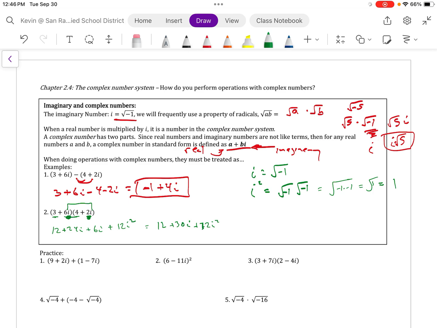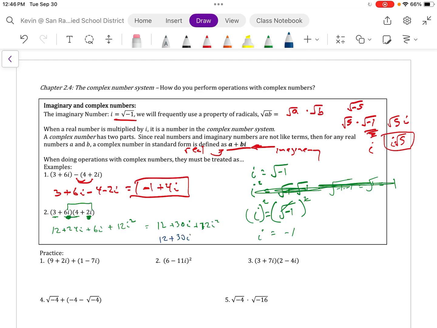Oops, I did something wrong here because it's -1. Sorry, ignore all that. i squared: i is the square root of -1, so if we square this, the square root cancels out, and i squared equals -1. Sorry. I'm trying to speed through this during lunch.